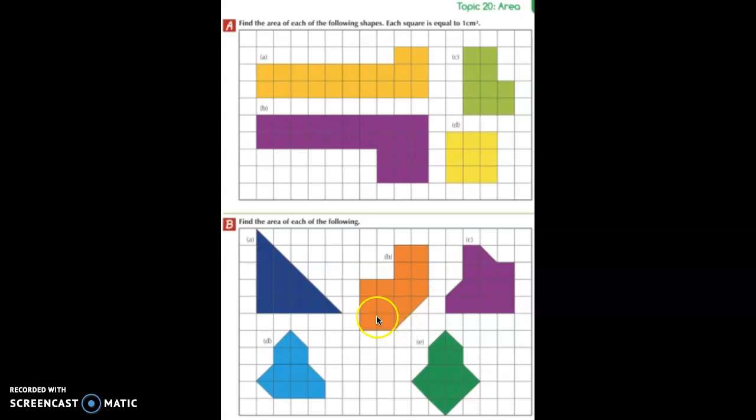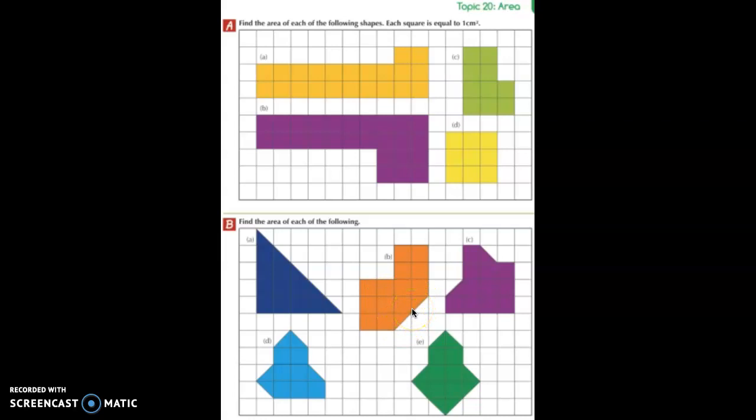So if we add that to our 13 full centimeters squared, the area of this shape would be 14 centimeters squared. So you will have to do that for each of these on the page today, and be careful with all of the ones down here in activity B, because you will have to count halves like I showed you in this one here.